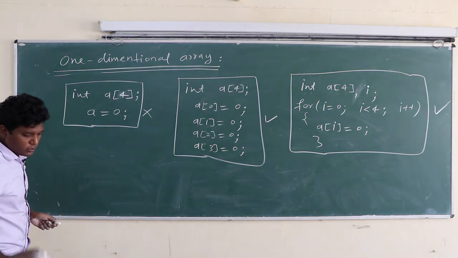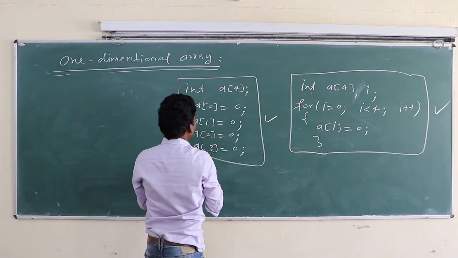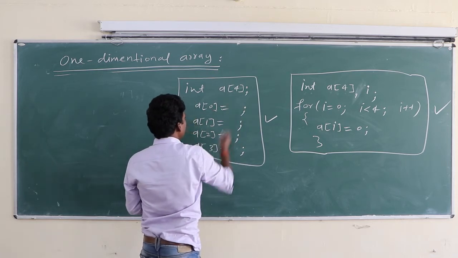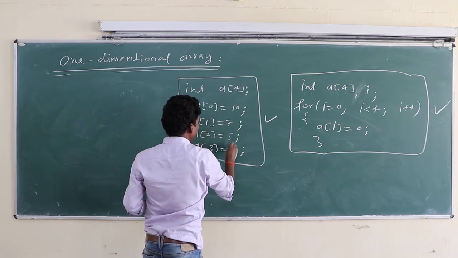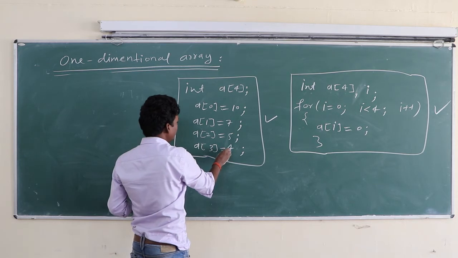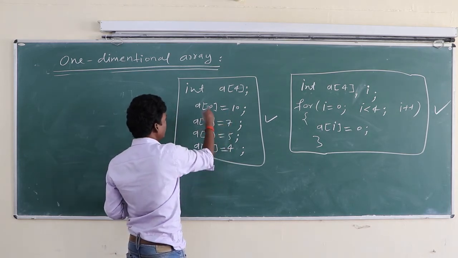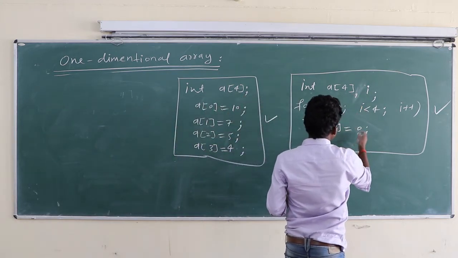Suppose, class, you want to enter different numbers. Then you can write here 10, here 7, here 5, here 4. You can individually assign the value for each array element, or you can choose this.